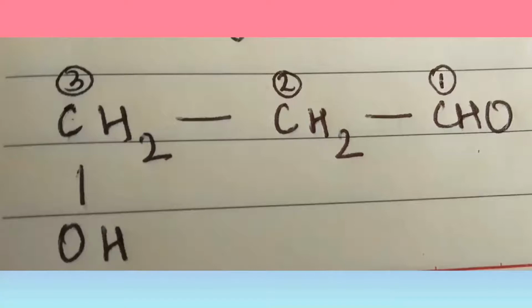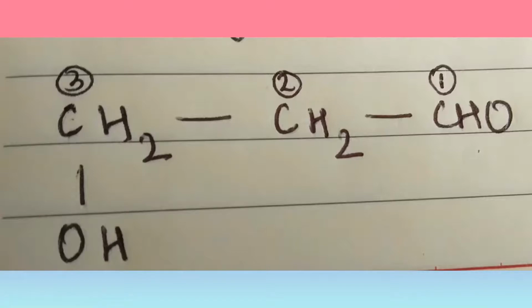And whenever there's an aldehyde group attached to a carbon atom at the terminal position, the carbon of that aldehyde group is also taken into consideration for naming the main parent chain. So there are now 3 carbon atoms present in the main parent chain, the hydroxyl group becomes the substituent, and the aldehyde group becomes the principal functional group.